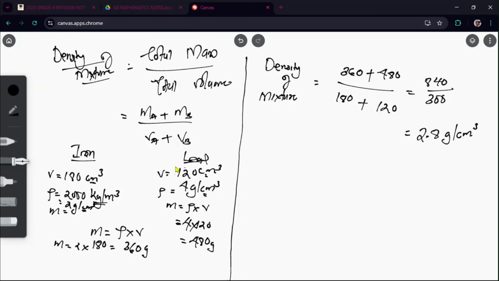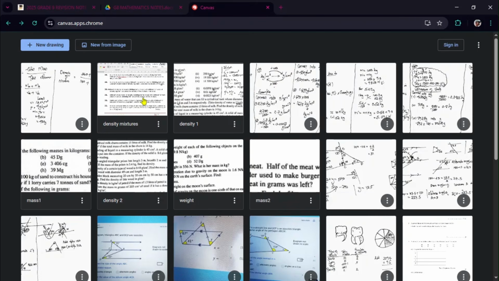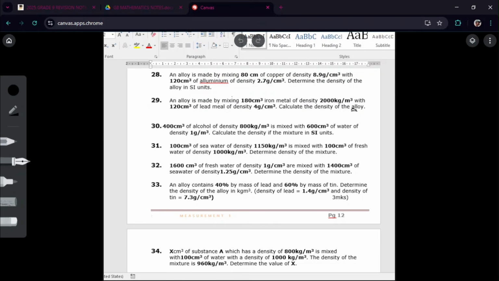So I want you to practice all this. I want you to practice how do you get the density of the mixture. So I will leave a number of questions here for you to look at so that you tell me what are you getting. Here I have already done for you number 29.